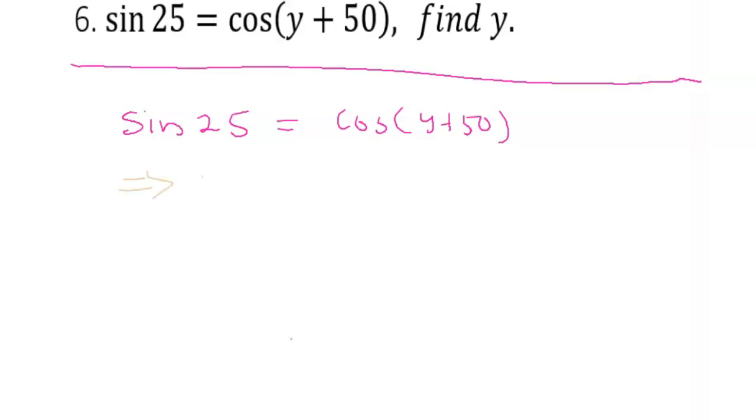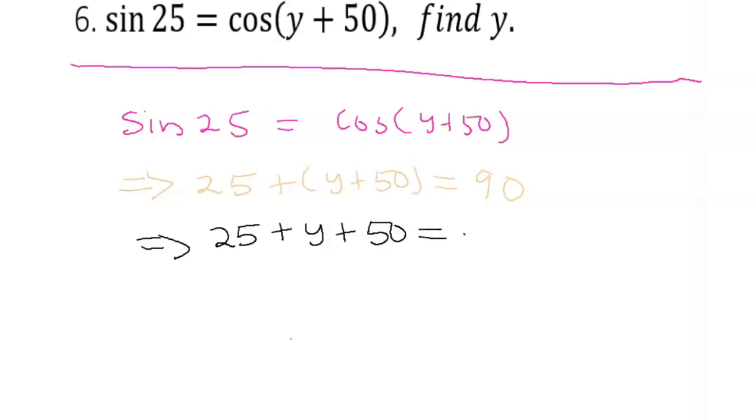So very simple. 25 plus y plus 50 is equal to 90. 25 plus 50 gives 75.